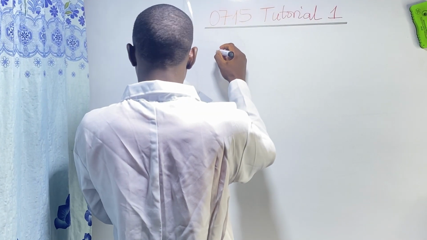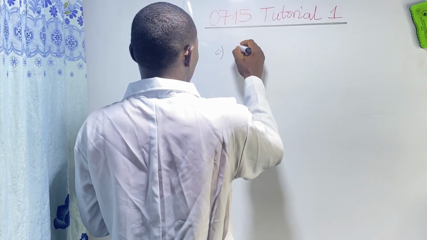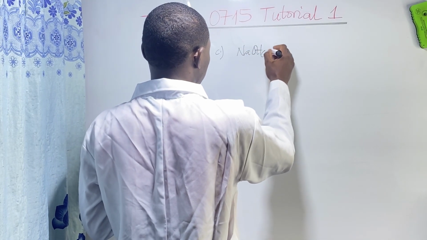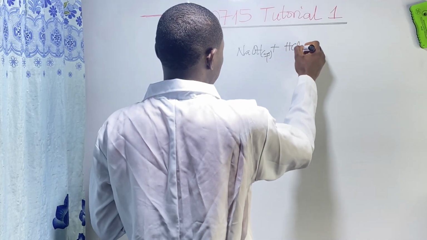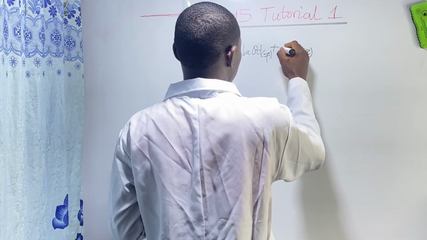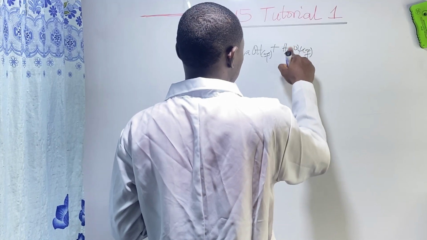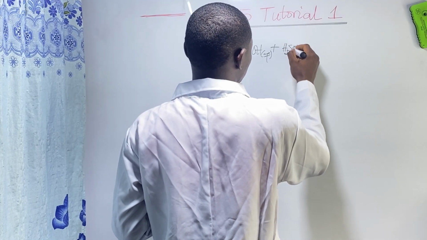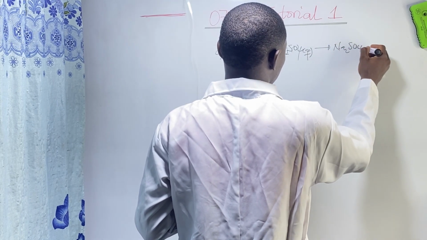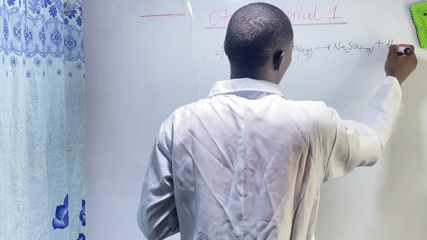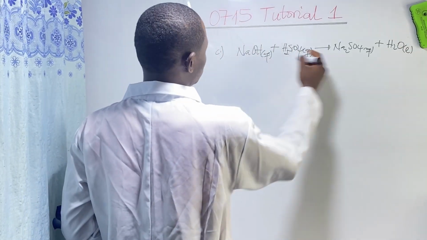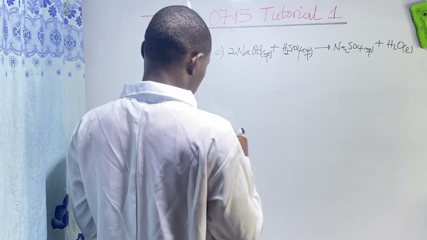Sodium hydroxide aqueous reacts with sulfuric acid to produce sodium sulfate aqueous and water liquid. Like that, we balance the equation. Sodium is 2, we put 2 here.